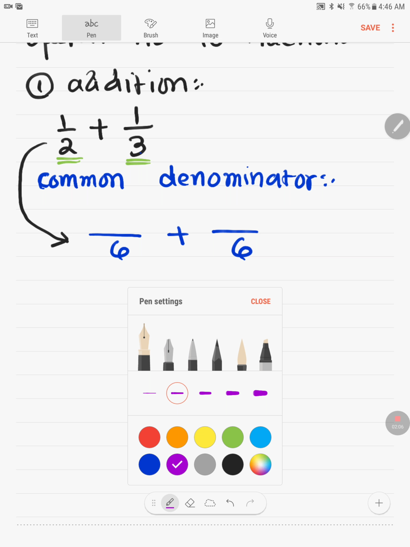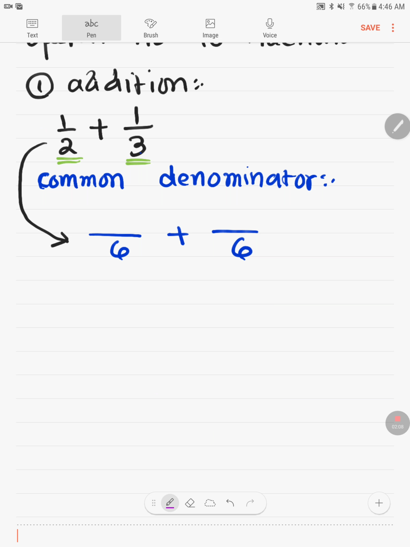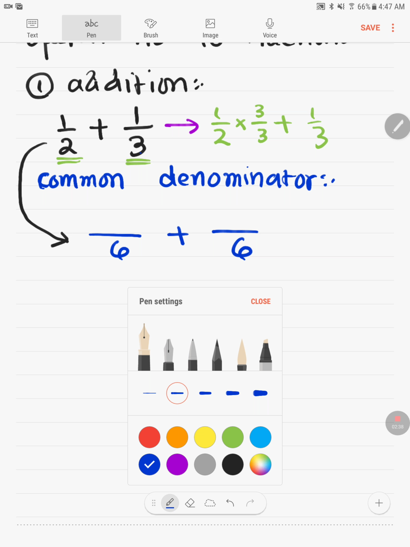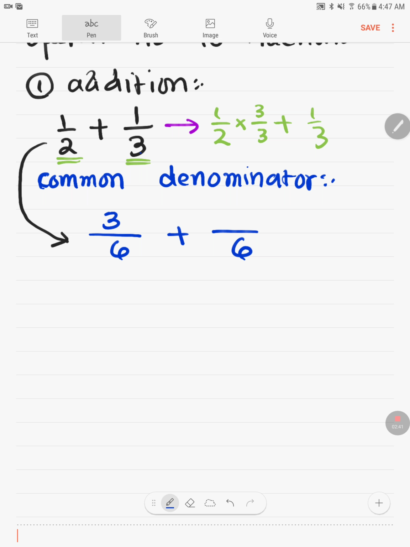If we imagine to make 6 in the bottom in the first one, we need to multiply by 3 divided by 3. And 2 times 3 here will give us 6. So the top will be just 1 times 3. So the numerator of this first one will be 3 over 6.